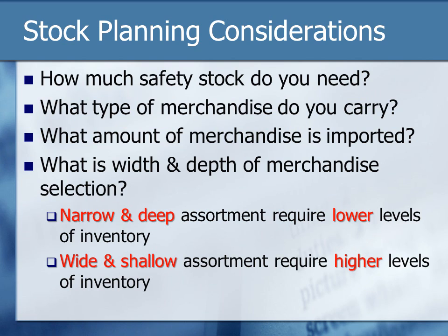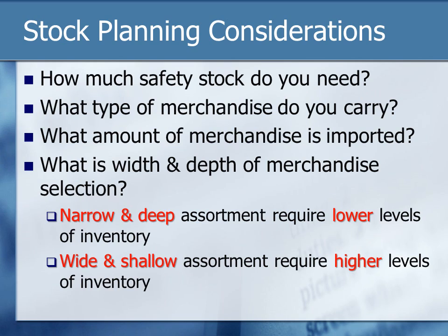Another critical factor in deciding on the stock planning method, as well as the amount of safety stock, is the width and depth of merchandise. We are going to talk about this width and depth of assortment later on, again in the assortment planning module. But let me briefly introduce you to these concepts.